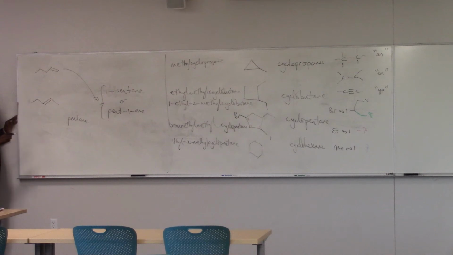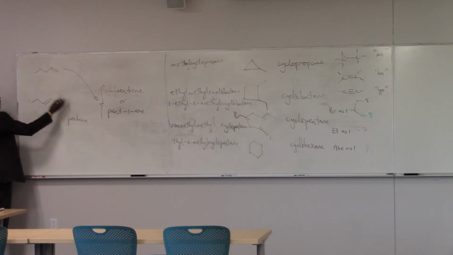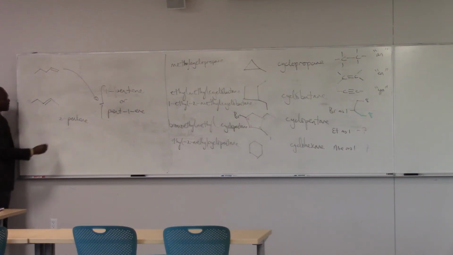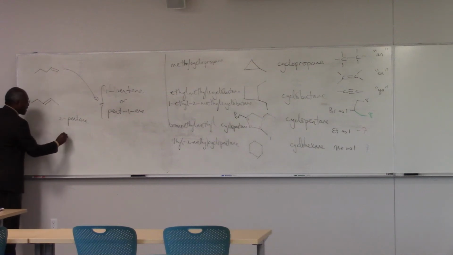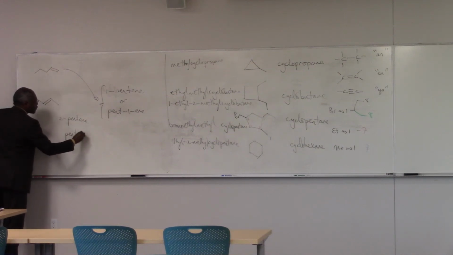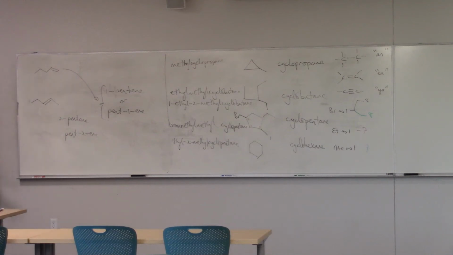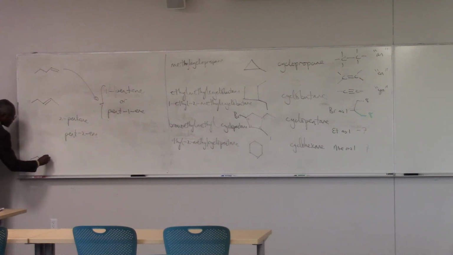The double bond, if I number from left to right, is 1, 2, 3 is where it starts. If I number right to left, 1, 2 is where it starts. So this is a 2-pentene. Or I can call it pent-2-ene. But it turns out there are 2 different pent-2-enes. There's this one, and then there is this one.